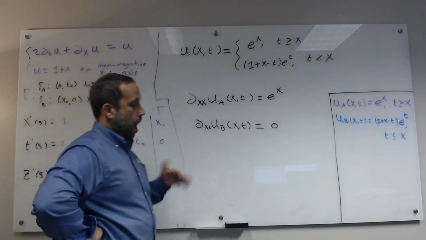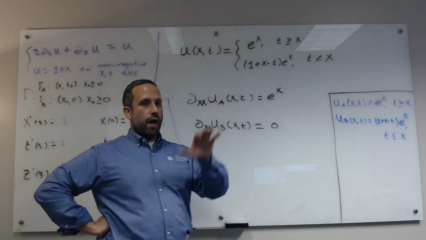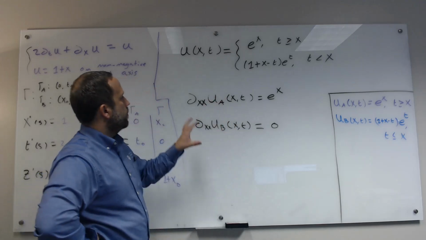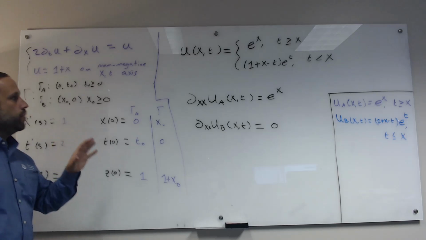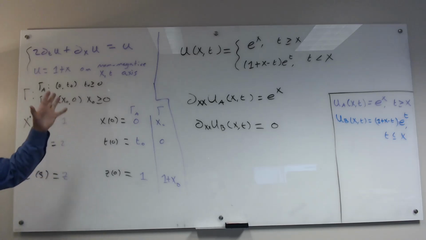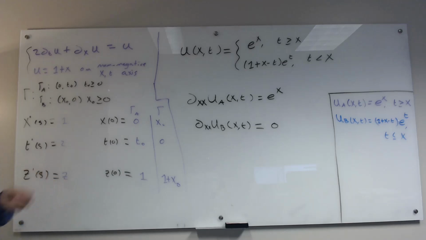So again, unlike the diffusion equation, Laplace's equation, Poisson's equation, there's no smoothing that happens here. We start with this, and the solution that we get is not even twice continuously differentiable, even though all of these coefficients are great. This is a very linear system of differential equations here.